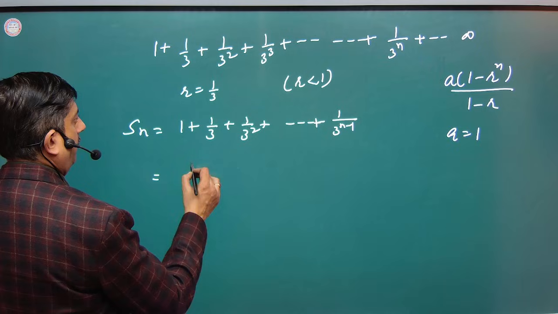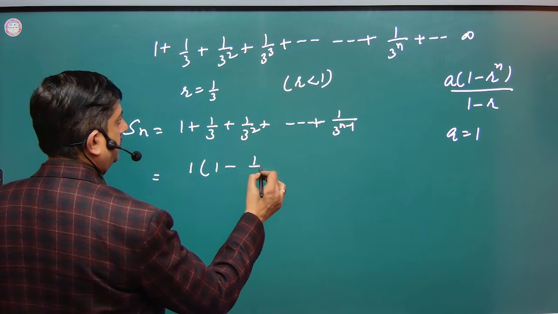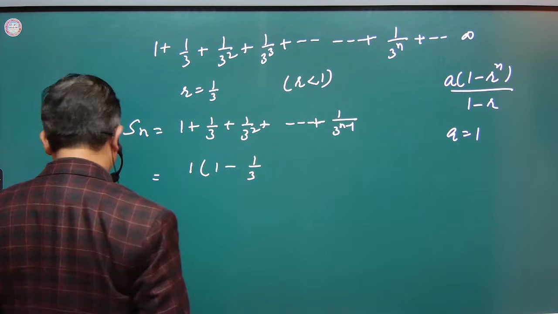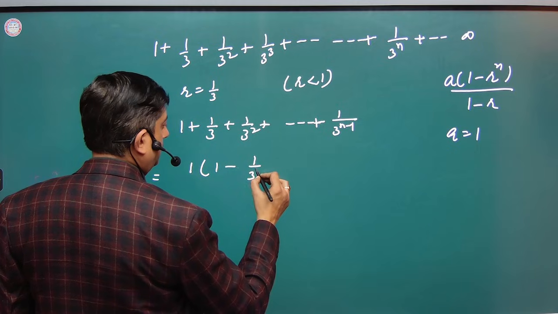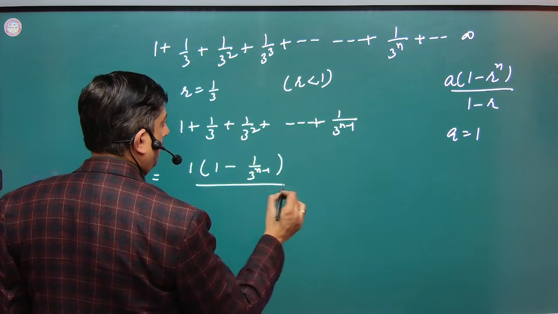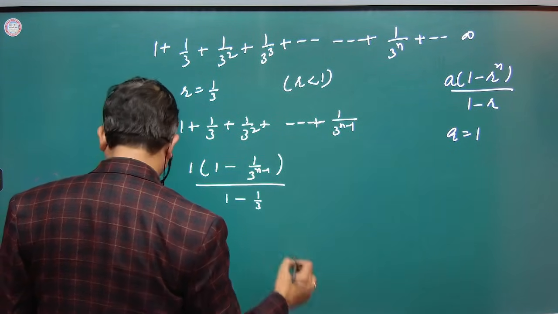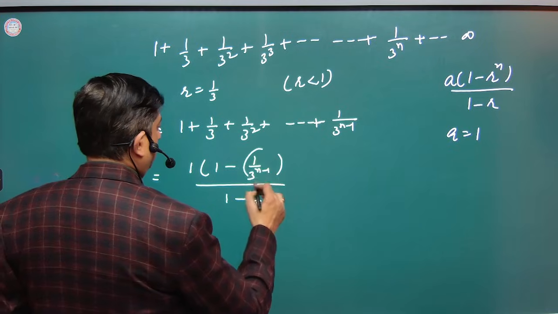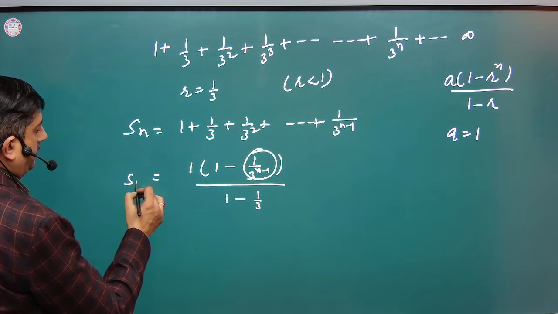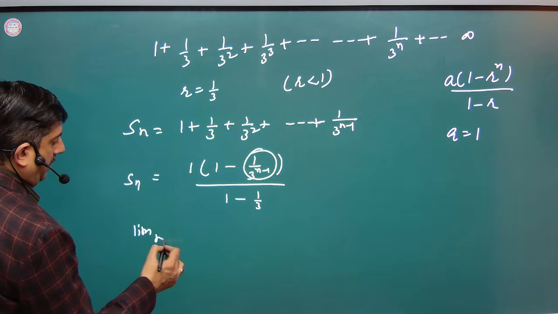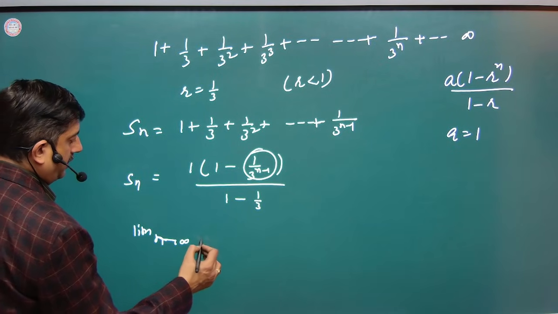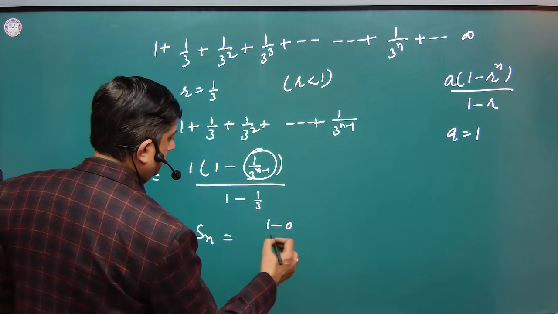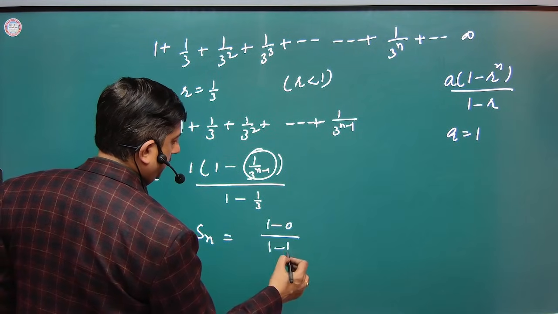So 1 into 1 minus 1 upon 3 to the power n, upon 1 minus 1 by 3. Obviously, this value goes to 0 when we take the limit n tends to infinity. So this value is 1 minus 0 upon 1 minus 1 by 3.